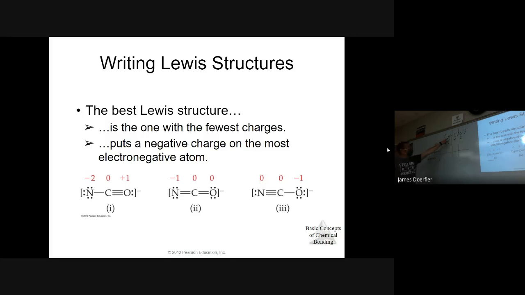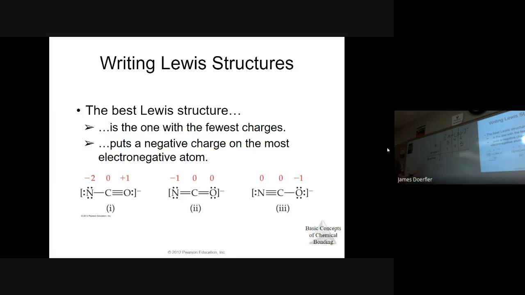Okay. Now, let's look at the Lewis structure itself to determine how many are assigned. If we look at this nitrogen, we've got 1, 2, 3, 4, 5, 6, 7. We have 7 electrons assigned to that nitrogen. How many do we have for carbon? 4. 1, 2, 3, 4. And how many do we have for oxygen? 5. 1, 2, 3, 4, 5.